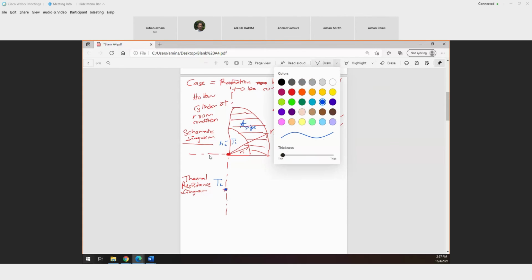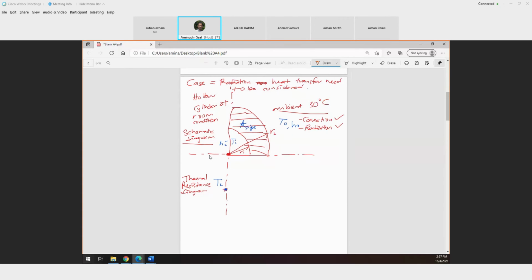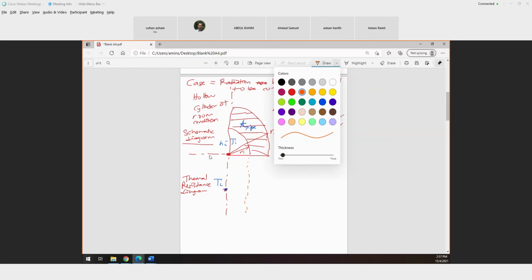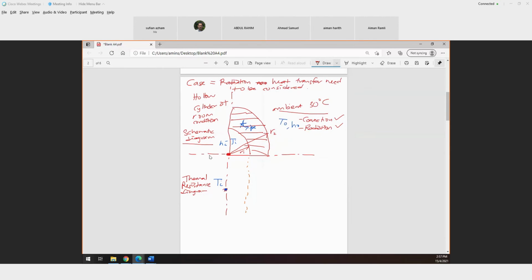So if we draw the thermal resistance, first I need to draw the bond. Sorry, how to draw a straight line? It's not easy.